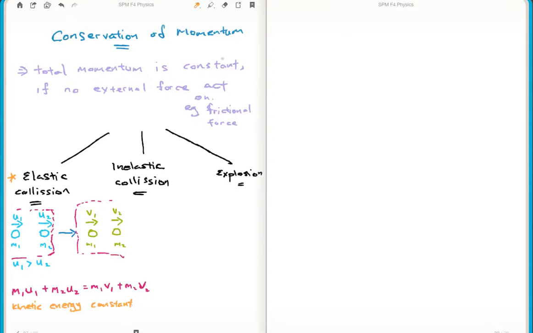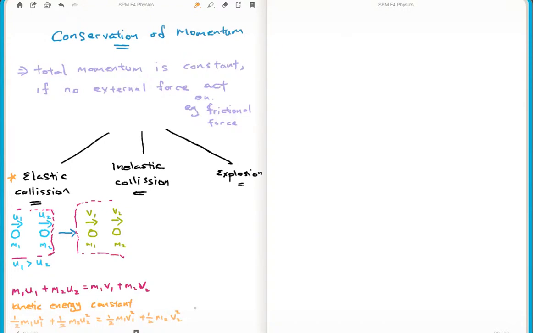Well, what's that? For kinetic energy, that will be half m1 u1 squared plus half m2 u2 squared equals half m1 v1 squared plus half m2 v2 squared.